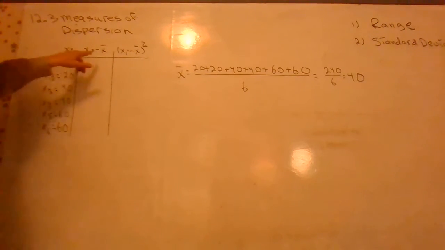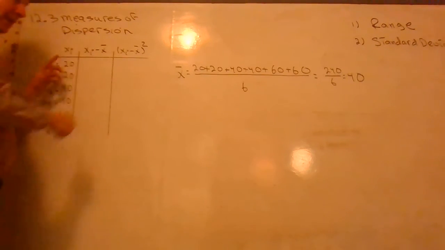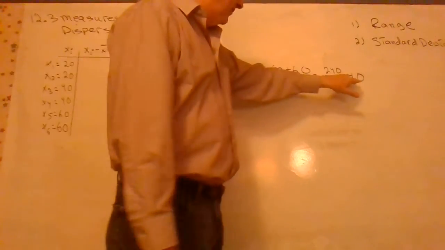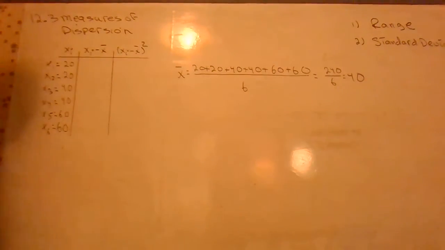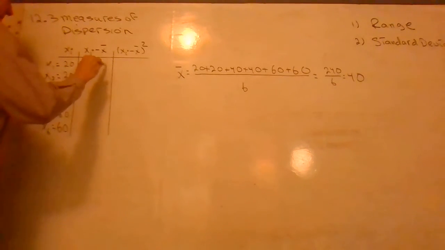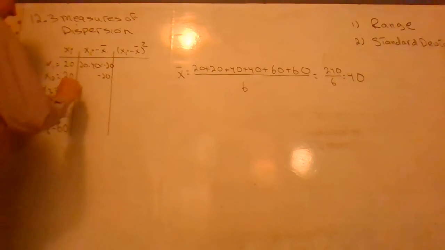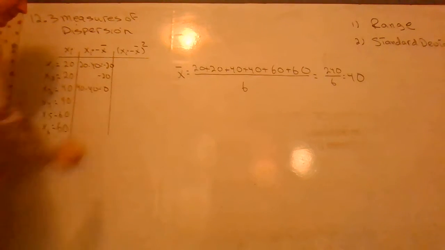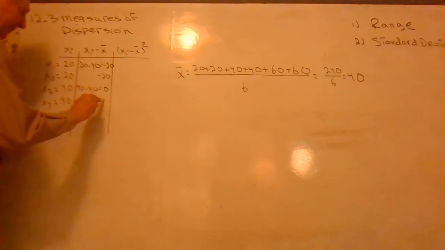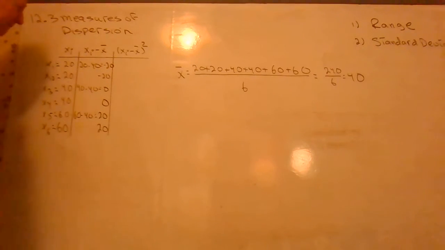Now, second of all, this is just simply the deviation from the mean. I already calculated the mean, add them up, divide by 6, and we get 240 over 6, 40, and 40 makes sense. 40 is right in the middle here. 20 minus 40 is negative 20, and we get negative 20 for this one as well. 40 minus 40 is 0, and 0. 60 minus 40 is 20, and we get 20.